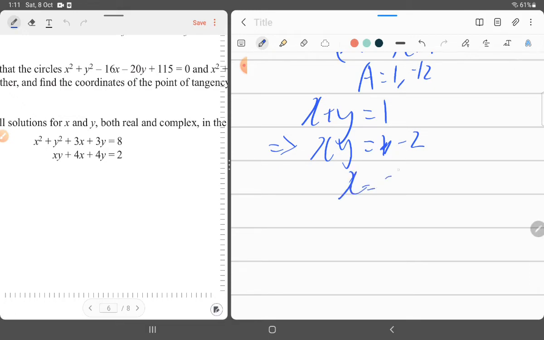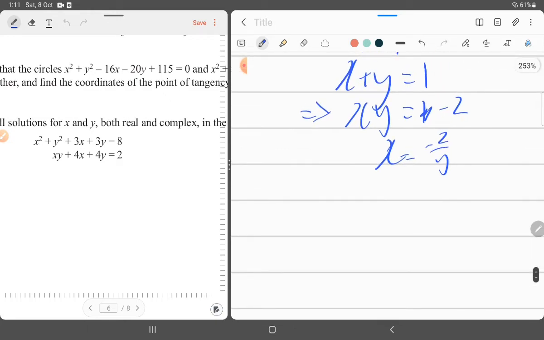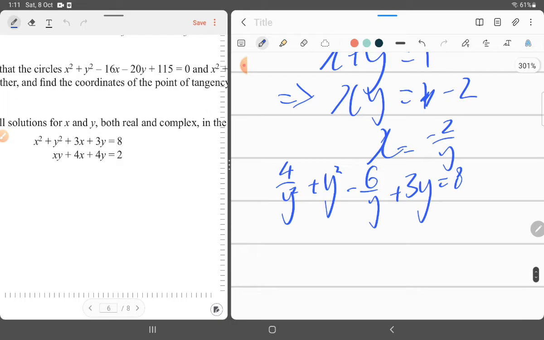x equals negative 2 over y, so I have to substitute it into 4 over y squared plus y squared take away 6 over y plus 4 is equal to 8.